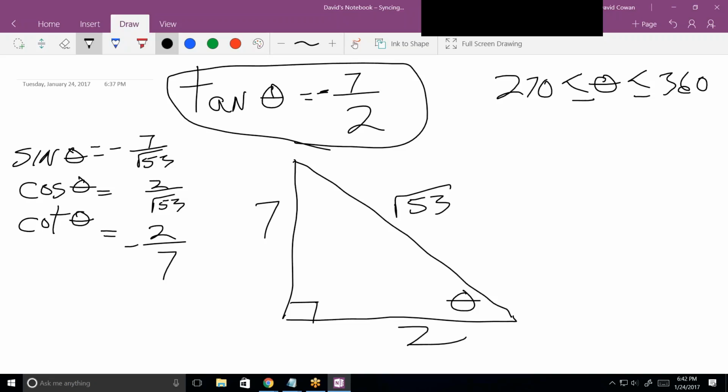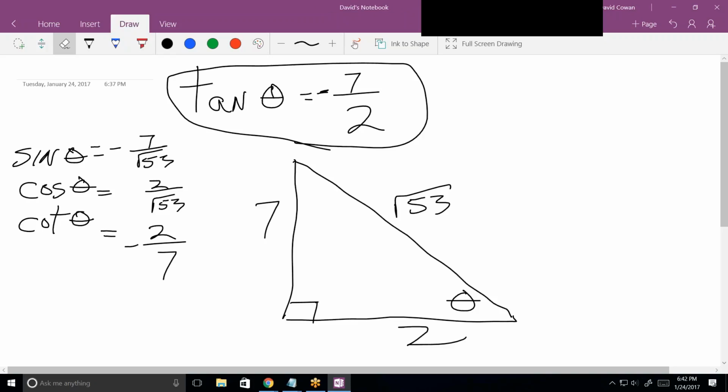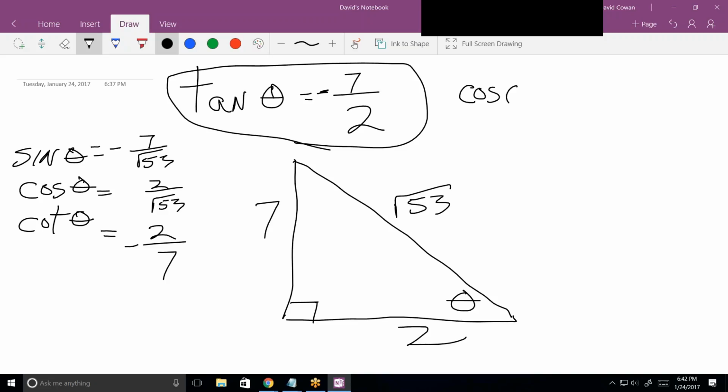Now, they won't necessarily always tell you the quadrant or give it to you like this. What they might say is the following. The tangent is -7/2, and the cosine of theta is greater than 0. That's enough information to identify the quadrant.